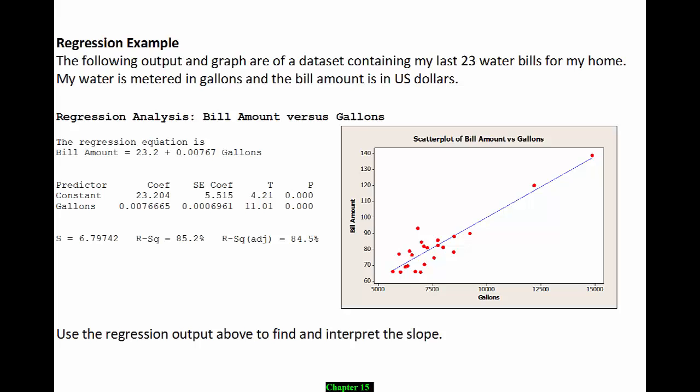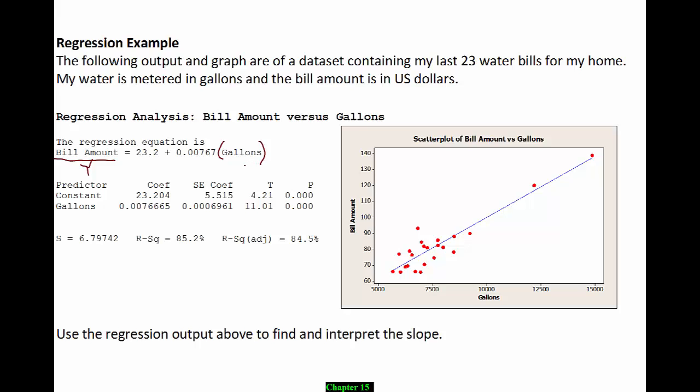The regression equation is printed out by Minitab. It says bill amount, that's on my vertical axis, so that would be my y, equals 23.2 plus 0.00767 times gallons. So the way that it comes out is just as it is on the screen, but I'll go ahead and put gallons in parentheses.